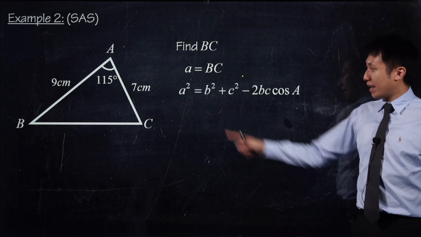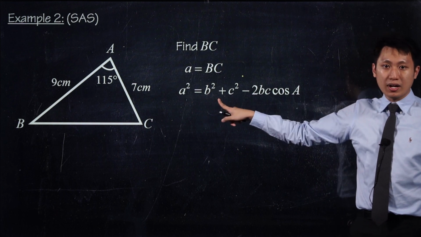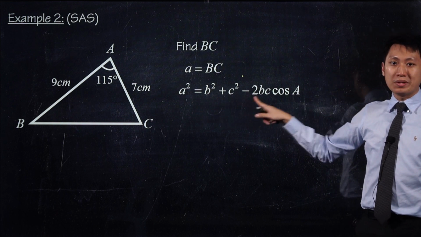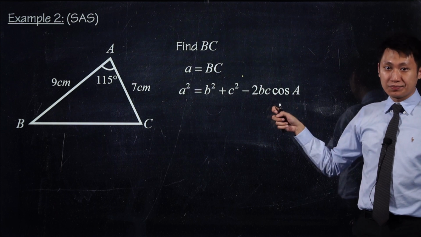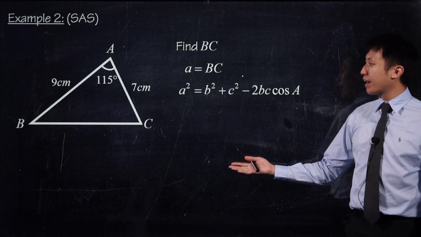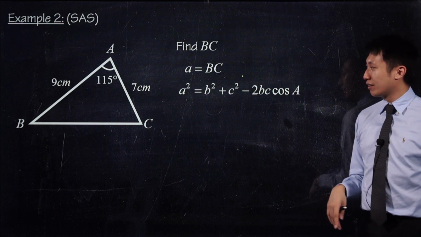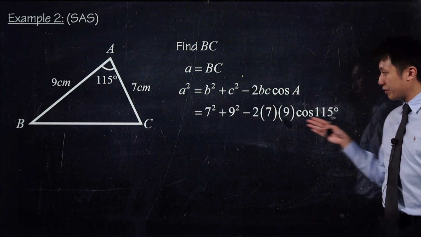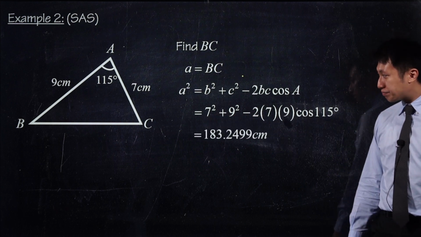For this case, A squared is equal to B squared plus C squared, minus 2BC cos A. You know everything here except one thing, which is your BC, which is your A. So you substitute everything here, then get the answer.